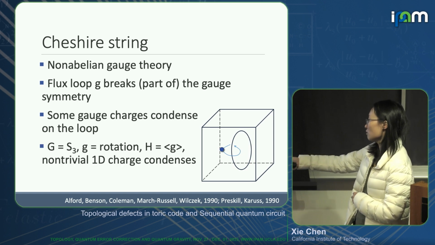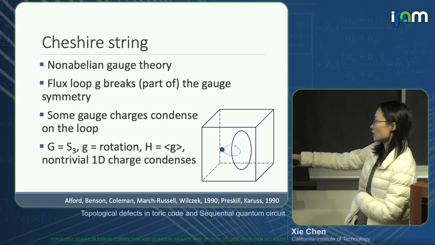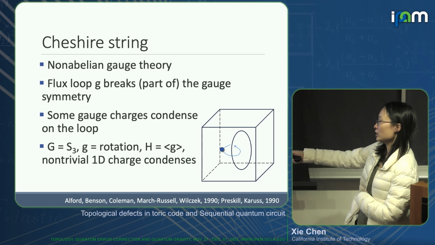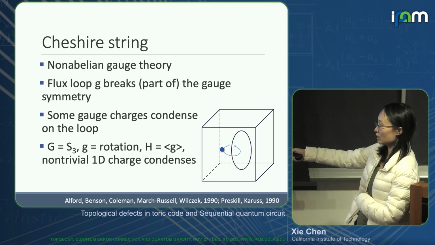For example, let me give you the simplest example of the gauge group being S3. We can take g to be one of the rotation operations. Then the symmetry group is broken down to just the rotation subgroup.